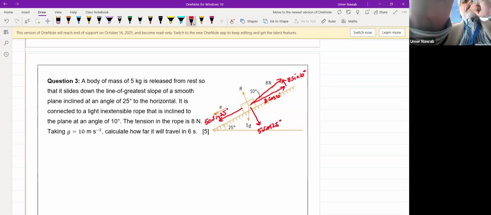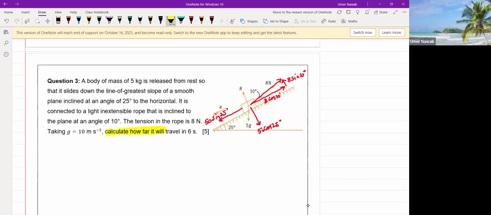Now, calculate how far it will travel in 6 seconds. So it will move from here to here. A body of mass 5 kg is released from rest, so it slides. No, it is going down.